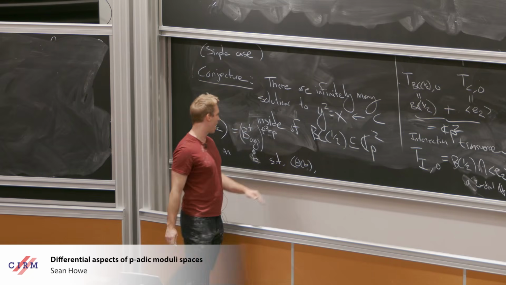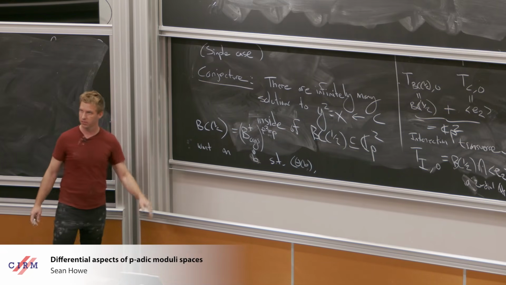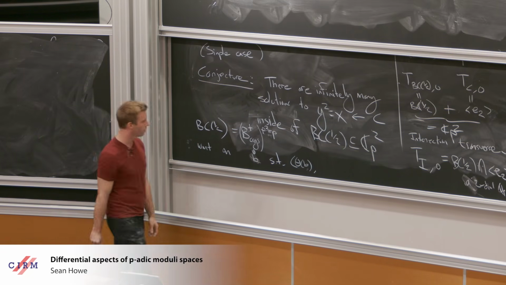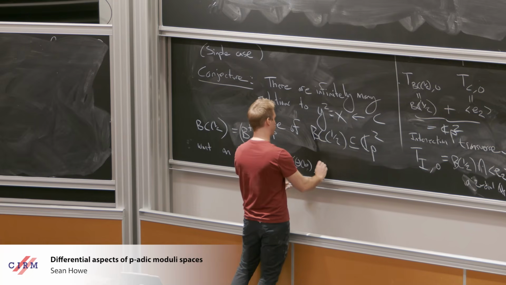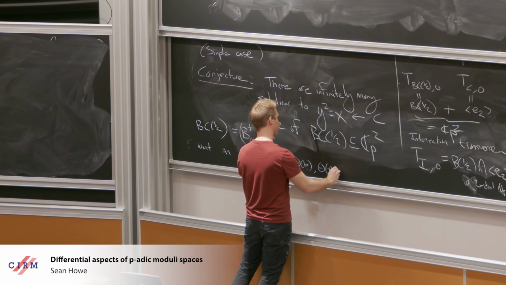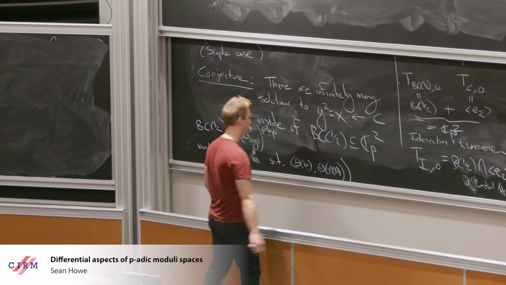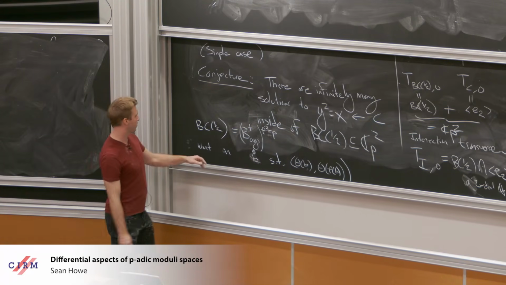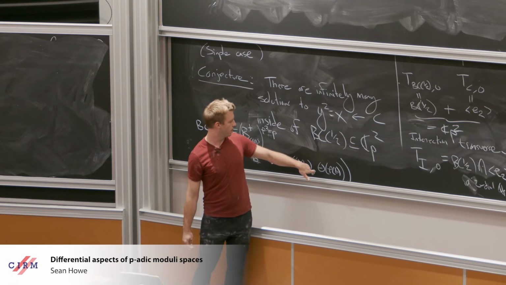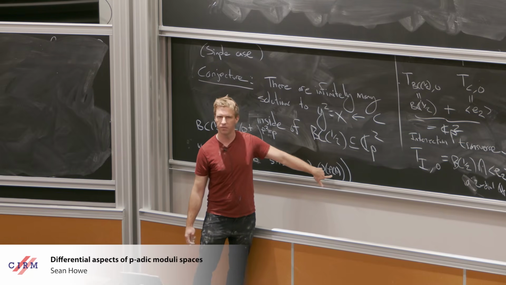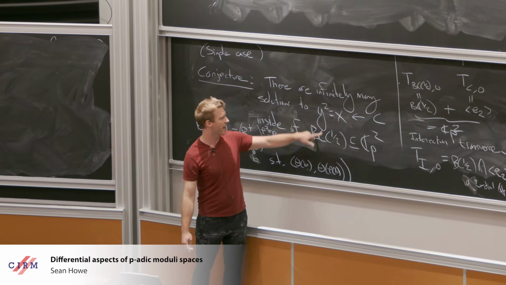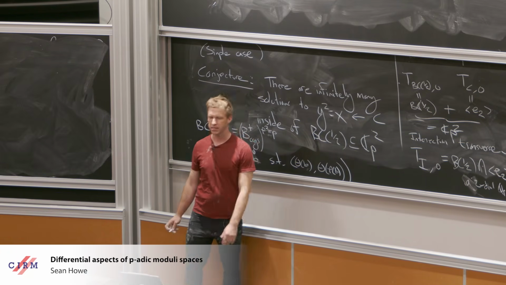So theta is the map from B plus crys to C_p. It's Fontaine's usual map. You send it to theta of b, and then you send it to theta of phi of b. Apply the Frobenius and then send it to theta. And so you're looking for some b such that theta of b and theta of the Frobenius applied to b satisfy this relation where one squared is equal to x.